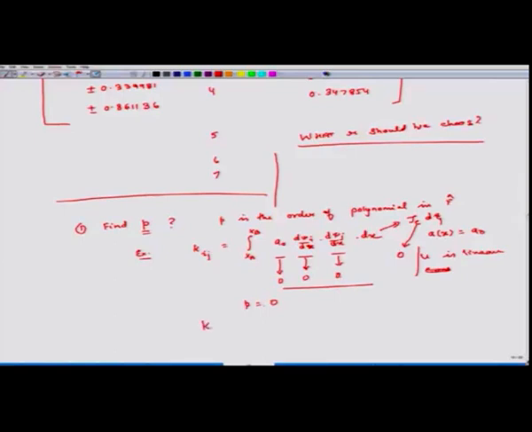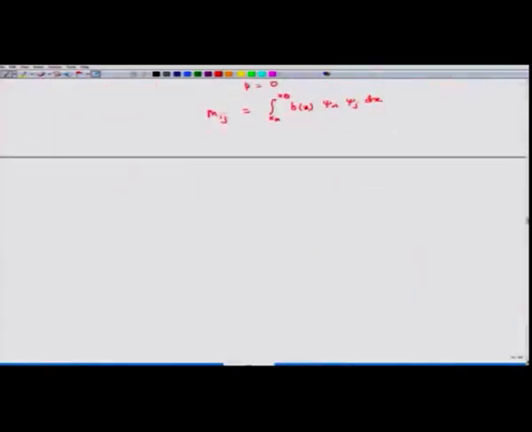Another case. Let us say Mij is equal to the integral from xa to xb of b x times psi i times psi j dx. Let us say b x is equal to b naught plus b1 x.